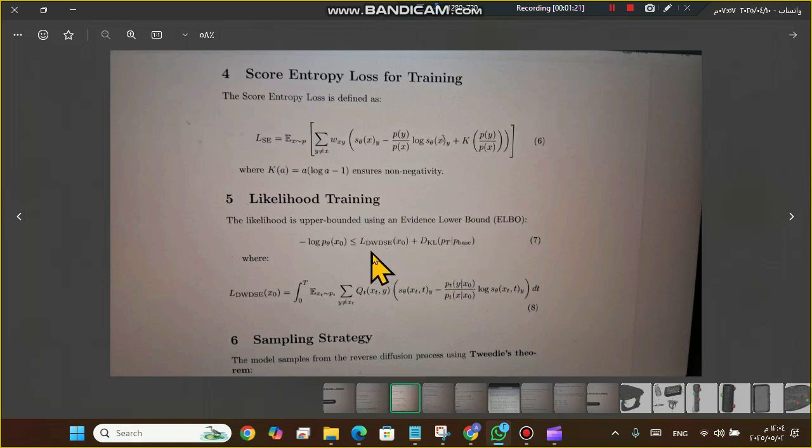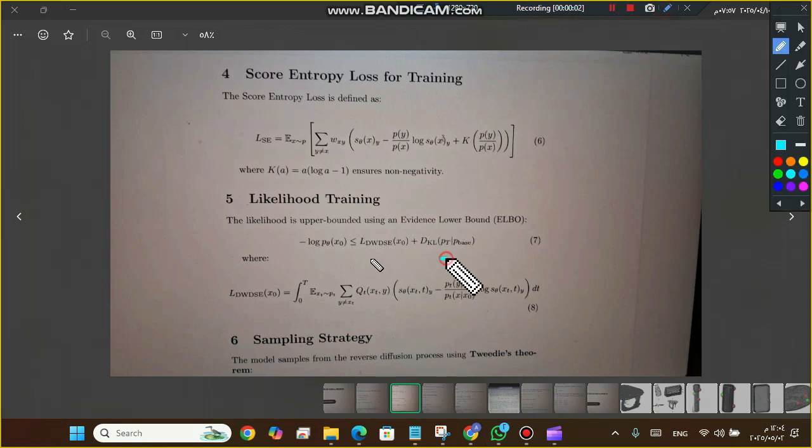I can use this side because it's easy to calculate and practical. I can use that and minimize it. If I minimize it, I'm sure that I have minimized the other side, because the other side is always smaller than this side.